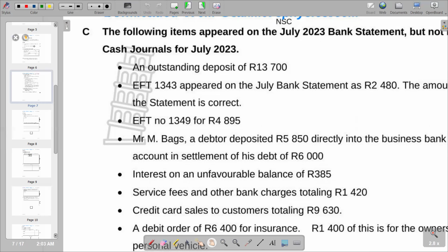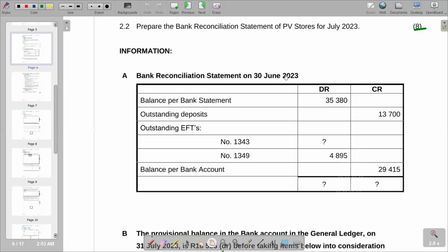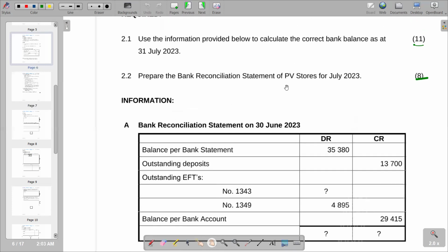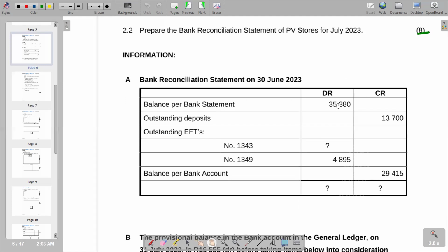If you go back in the question, we are also given a bank reconciliation statement on 30 June 2023. This is a bank reconciliation for the previous month. Remember, the bank reconciliation statement that we are going to prepare is for July 2023, and this one is for June 2023. When it was prepared the previous month, we had an outstanding deposit of 13,700.